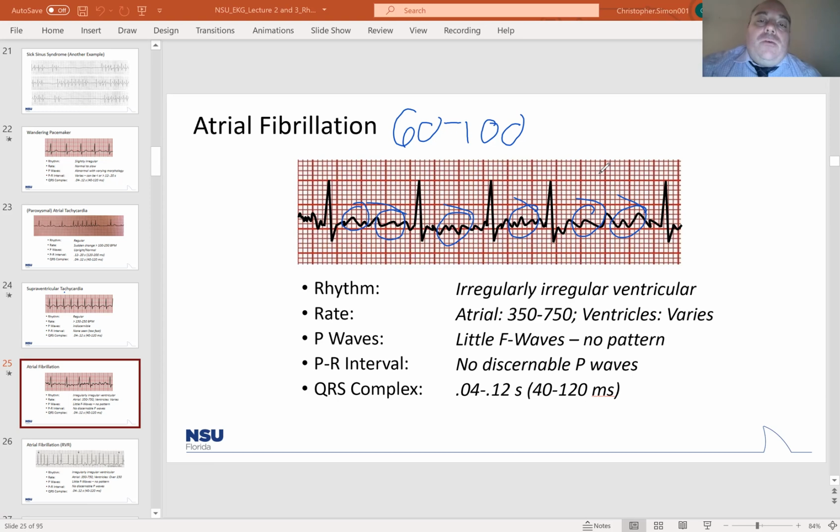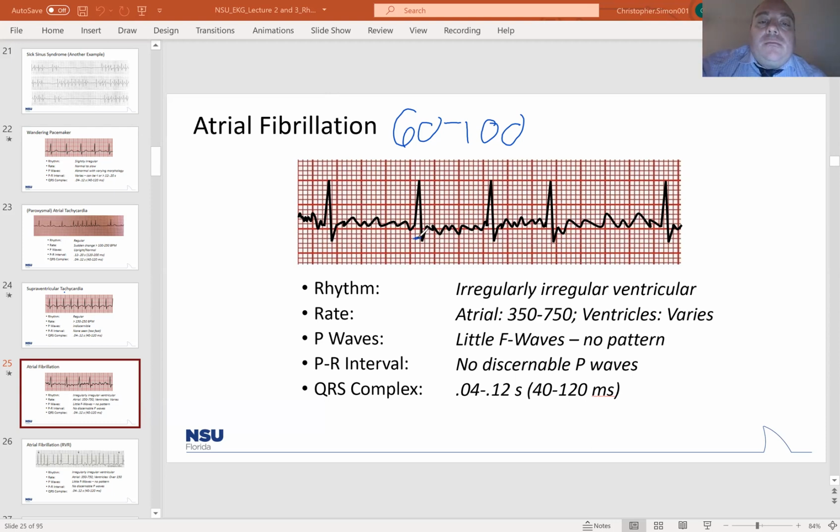So no P waves, we can skip all the P wave questions and get down to the QRS. What do we got going on with the QRS? Is it wide or is it narrow? You tell me. I'm talking to myself on a recording, so that's kind of a rhetorical question. So tell yourself, what do we think? Looks like about 1, maybe 2 boxes.